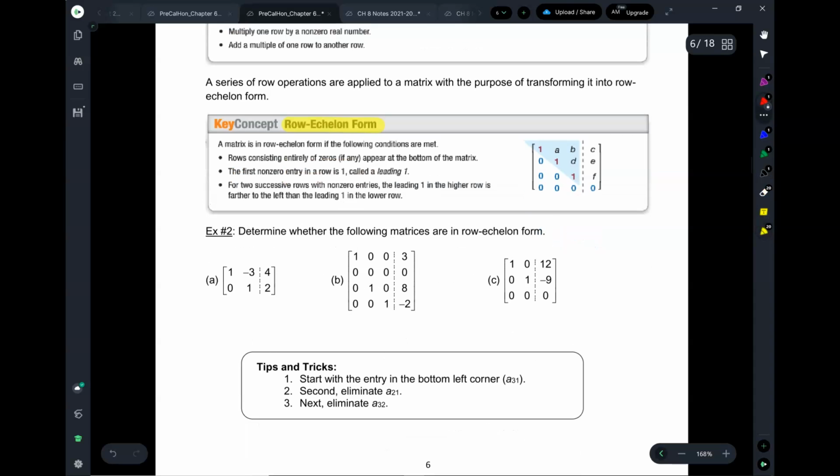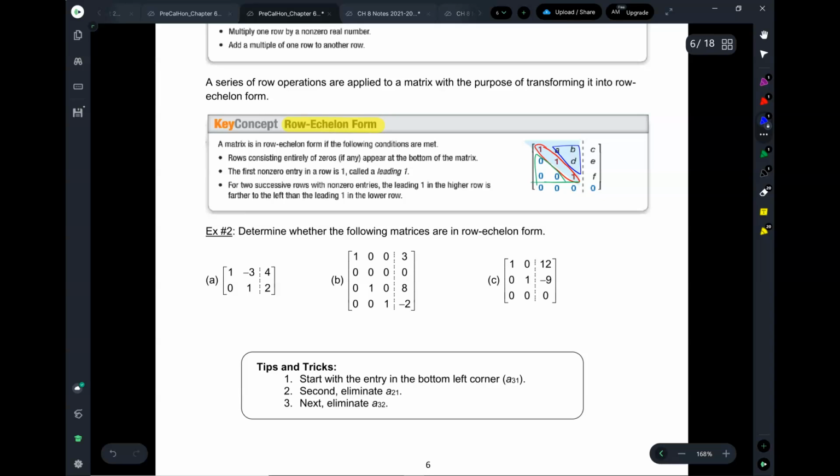You have a main diagonal of all ones, everything underneath is zeros, and then the numbers just happen to be above in that triangle.